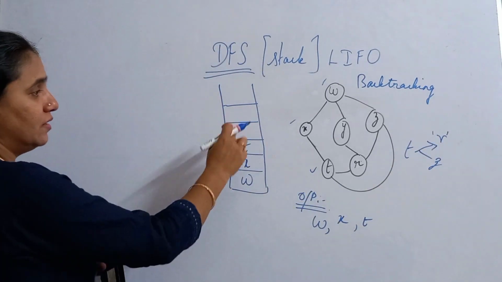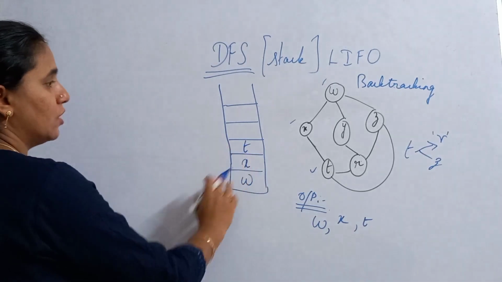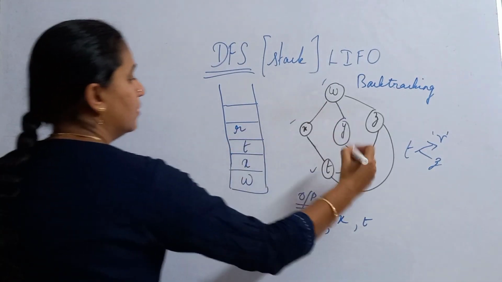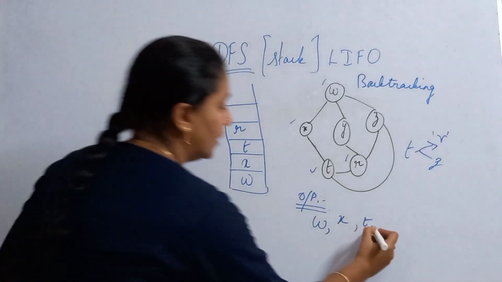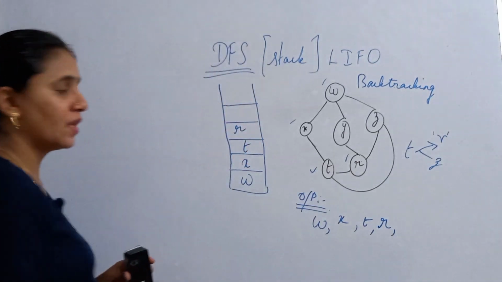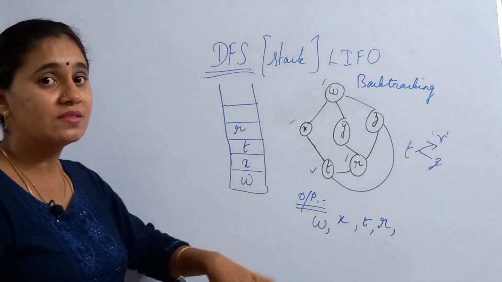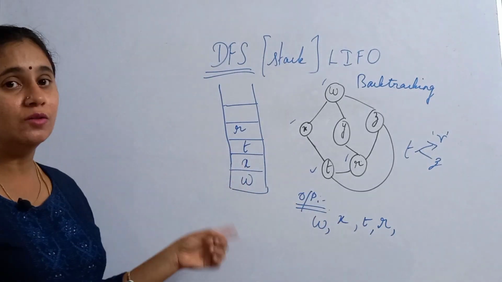I must add it inside the stack and print it, isn't it? So R is added and I am printing it. See, I am pushing and printing, both are occurring simultaneously. Please take note of it.